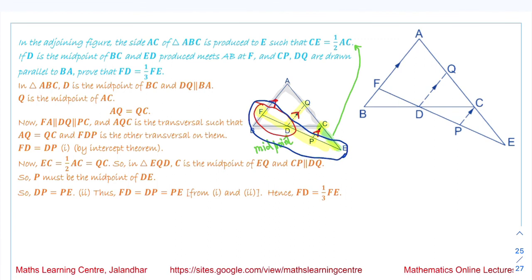So if we look at the triangle ABC, D is the midpoint of BC, and the two lines AB and DQ are parallel to each other. So what we get is that Q is the midpoint of AC, so these two lengths are equal to each other.